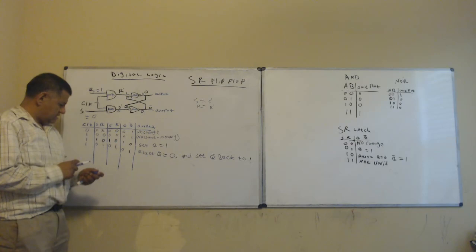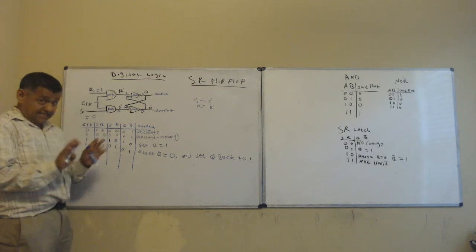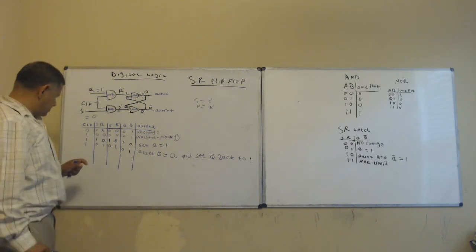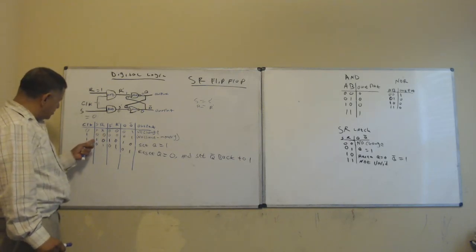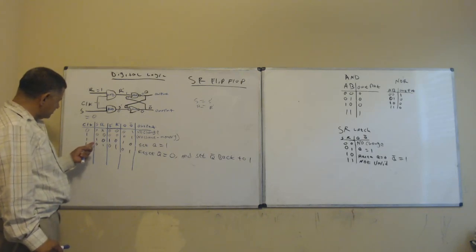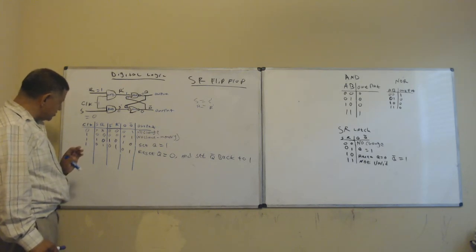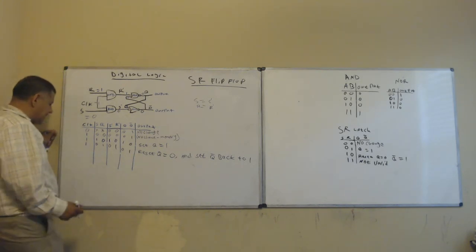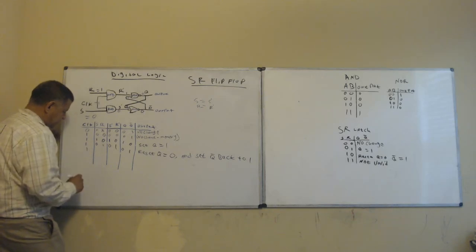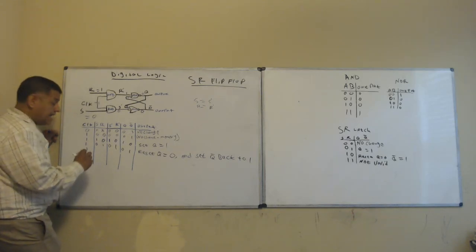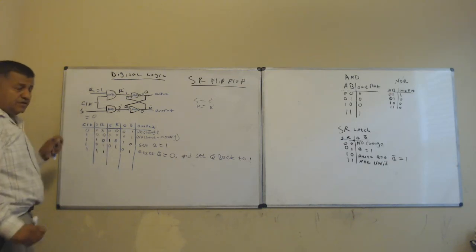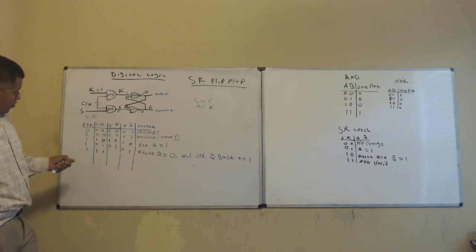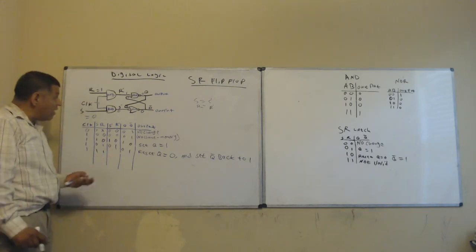Okay. One more last step. So we try the combinations 0 0, 0 1, 1 0. We try those. Now let's keep the clock at 1 and let's do 1, 1 for both. When we do 1 and 1, think about it.